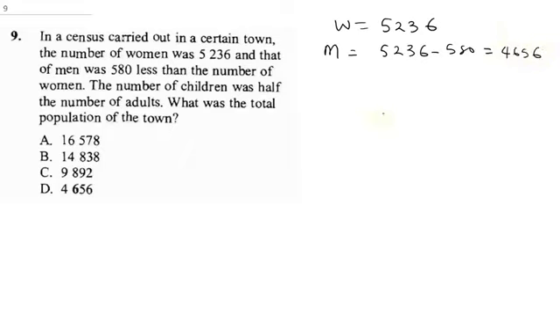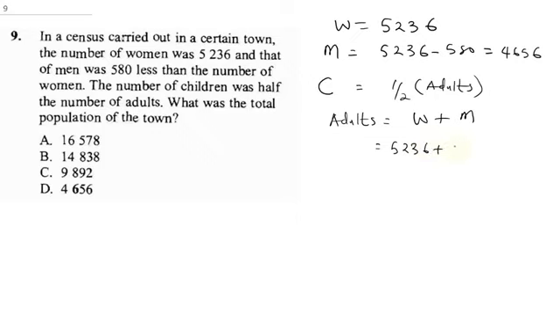Now when you evaluate this, it's going to give you 4656. Okay, then children, the number of children was half the number of adults. Now the adults will be women plus men. So we're going to do 5236 plus 4656.